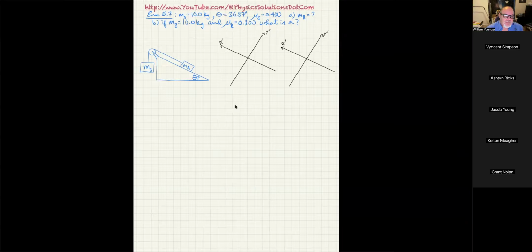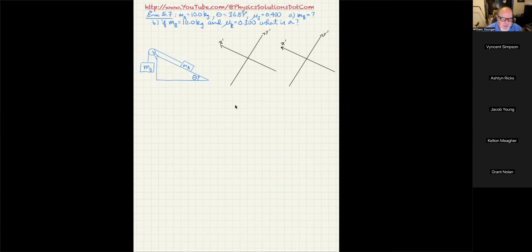So it says a box of mass m sub A equals 10.0 kilograms rests on a surface inclined at theta equal 36.87 degrees to the horizontal. It is connected by a lightweight cord which passes over a massless and frictionless pulley to a second box of mass m sub B, which hangs freely as shown in figure 5.9a.